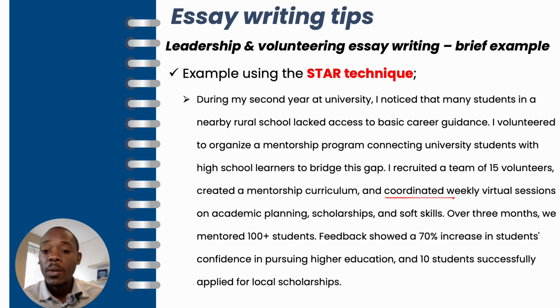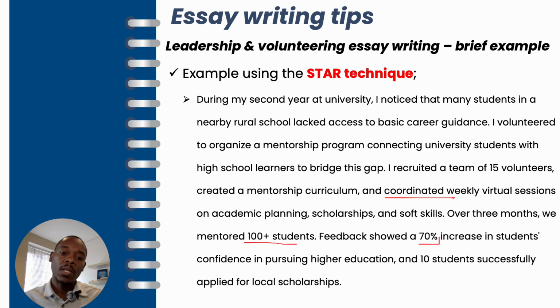And what was the result of this action that you took? Over 3 months, we mentored 100 plus students, and feedback showed a 70% increase in student confidence in pursuing higher education, and 10 students successfully applied for local scholarships. This shows the actual impact, quantified in terms of percentage and also in terms of number.